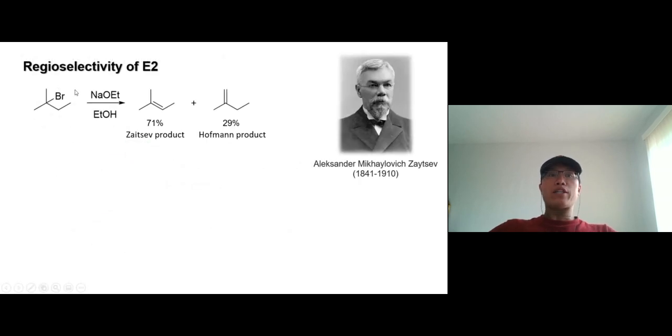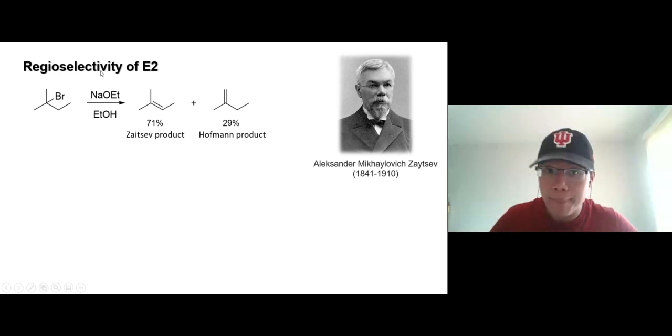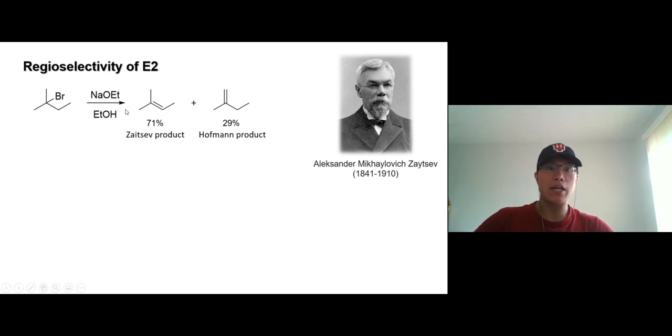Now we're going to talk about the regioselectivity of an E2. Regio means region, and selectivity. So an E2 is really picky on the region where the reaction will happen, where to do elimination. For the one we just saw earlier, the more substituted alkene is the major product.